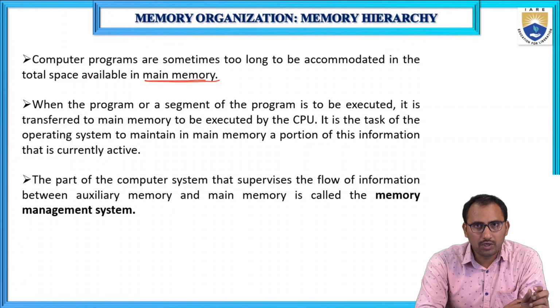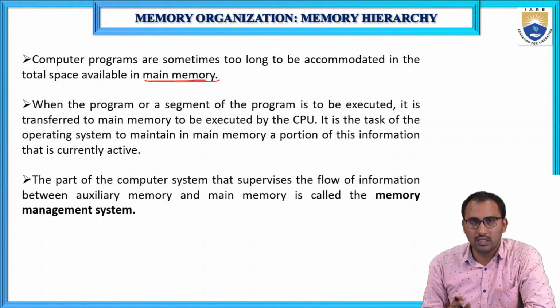Only that particular segment of the video will be loaded into the main memory, and from the main memory it will be executed. So the entire movie will not be loaded into the main memory. Okay, so that is the concept here.